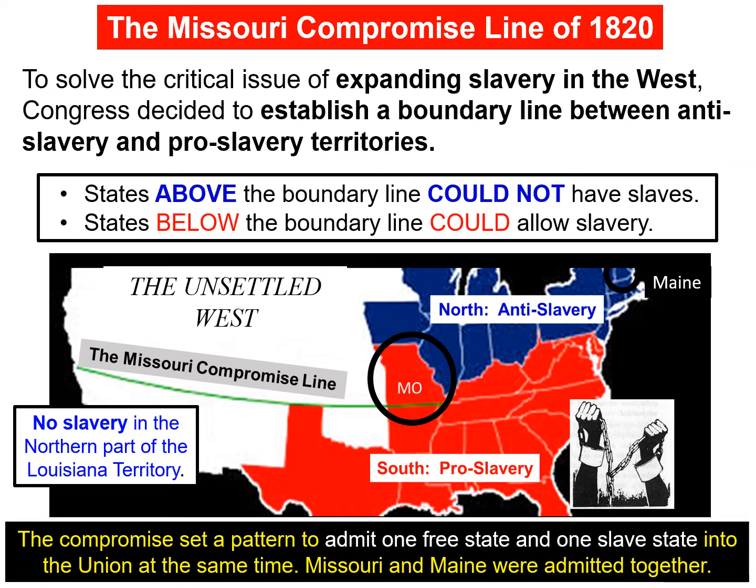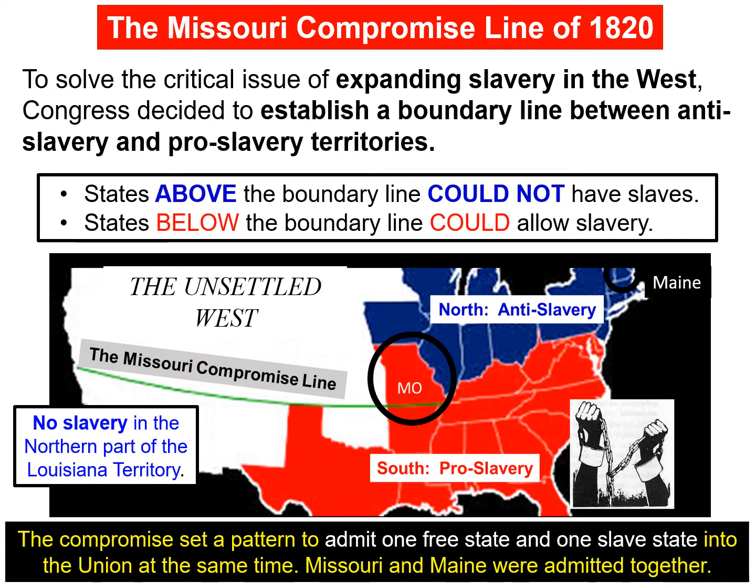It was an anti-slavery area. But any territory below the line, if they formed a state, then they could have slavery. So above the line, no slavery. Below the line, yes, you can have slavery. Okay, this was the agreement. It's called the Missouri Compromise line of 1820.